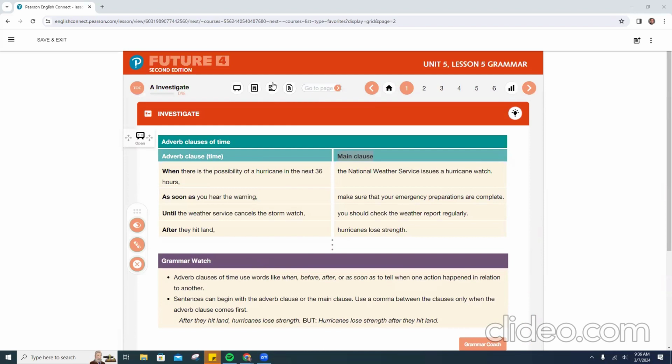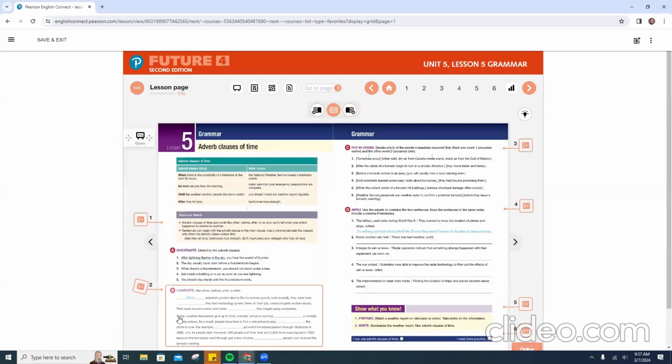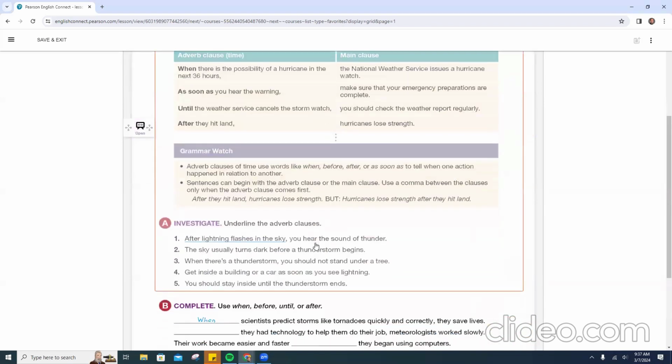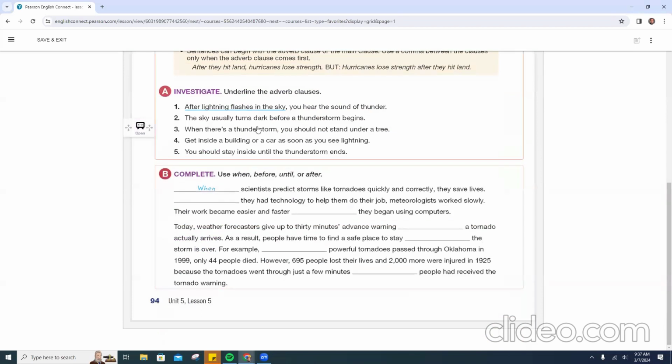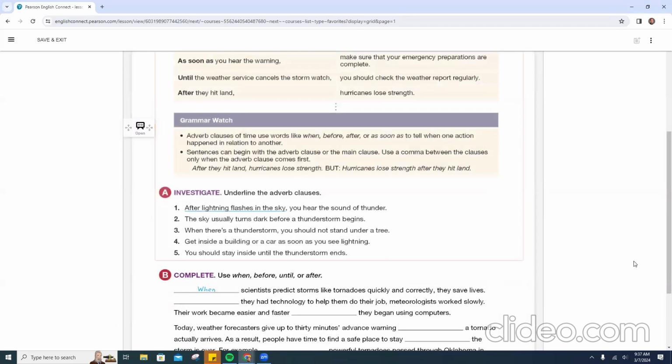So the first thing you're going to do in your student book on page 94, part A, is underline the adverb clause of time. So for example, number one, after lightning flashes in the sky, you hear the sound of thunder.